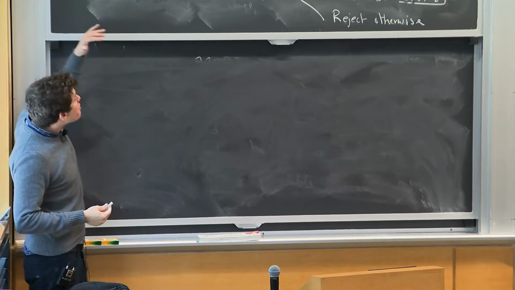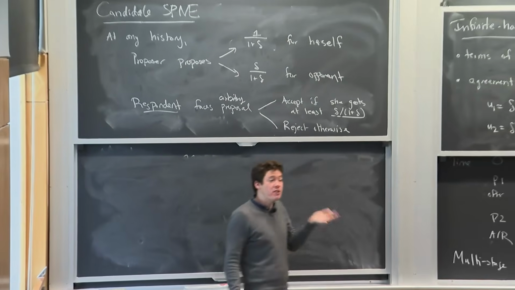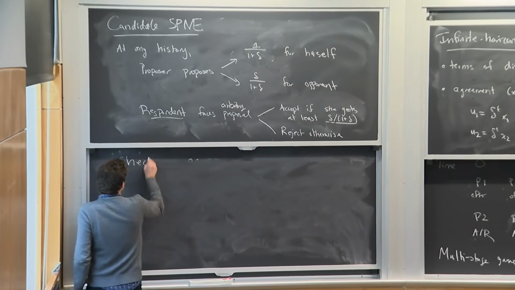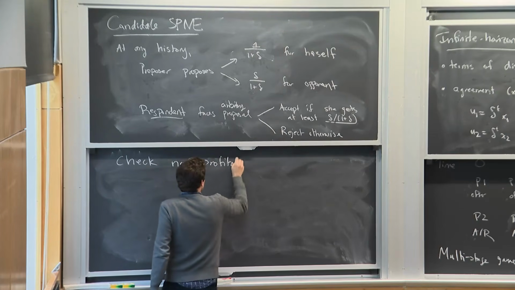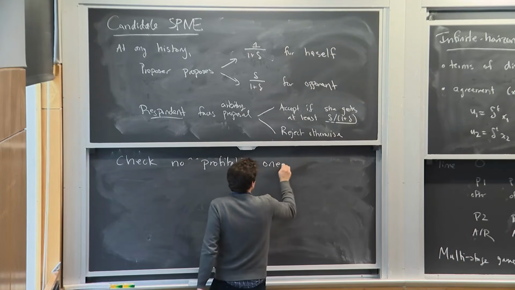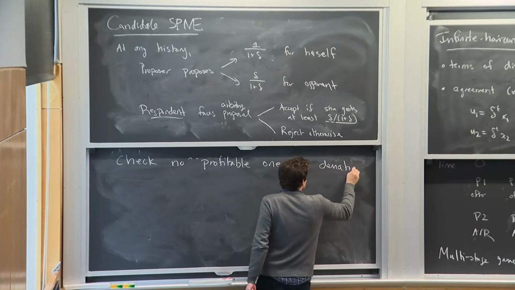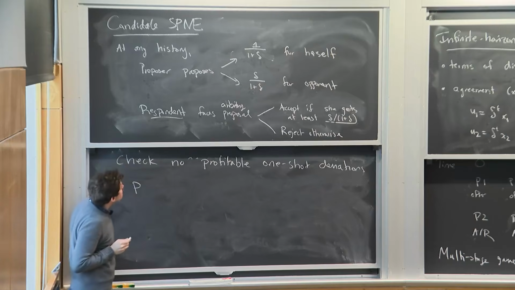We need to check that the proposer has no profitable one-shot deviation, and the responder has no profitable one-shot deviation. So we need to check no profitable one-shot deviations. So let's start with the proposer. There's a few things they could do.